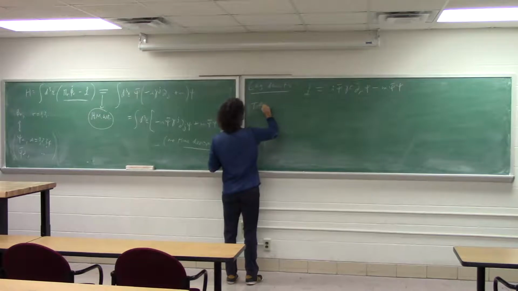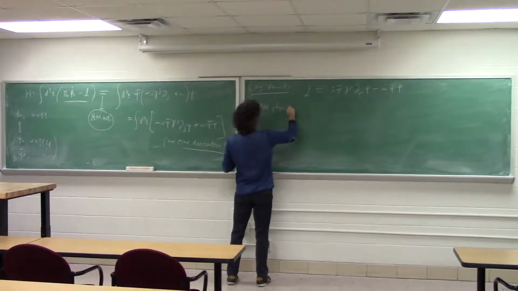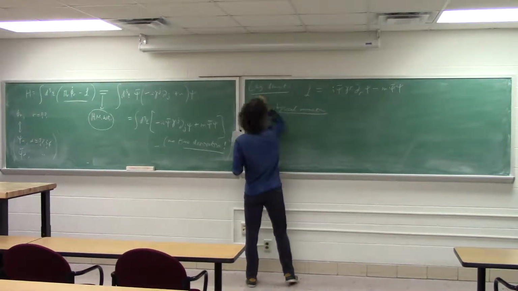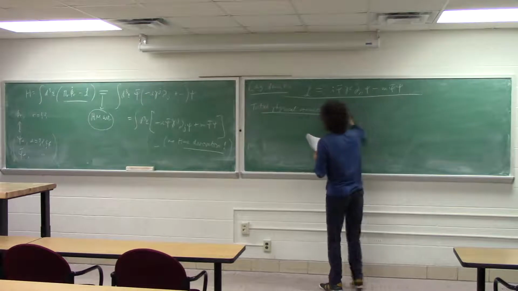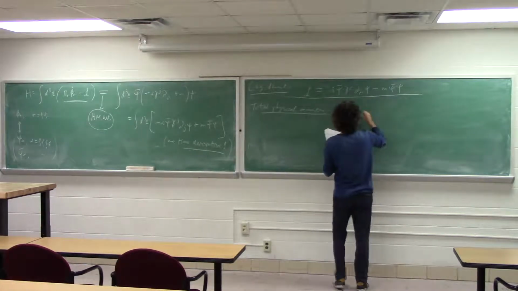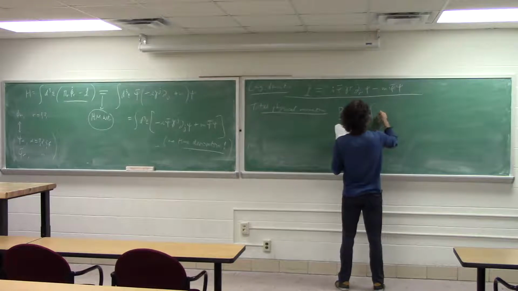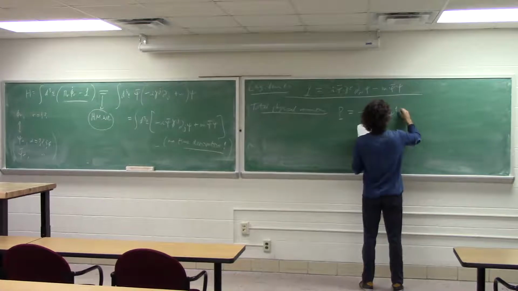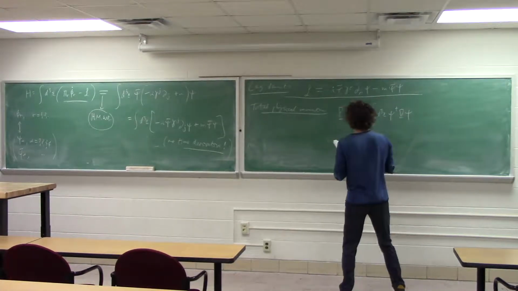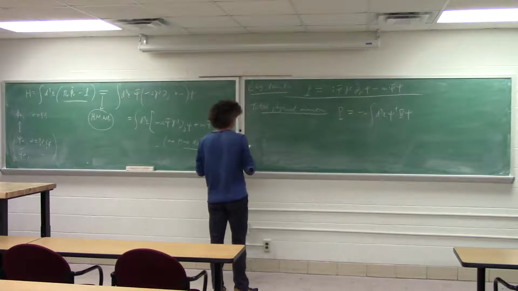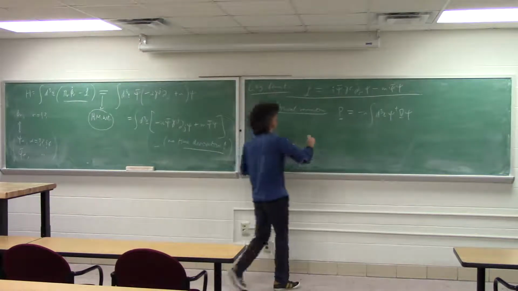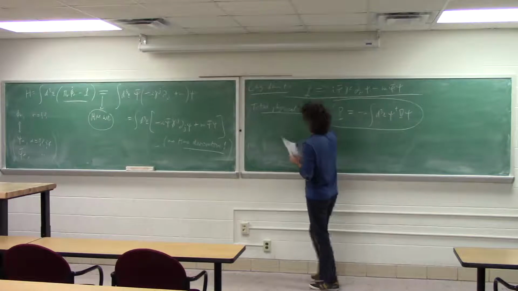So, the total physical momentum P is equal to minus i times the integral over all space of psi dagger grad psi. Okay, just from applying the general expression that we had.